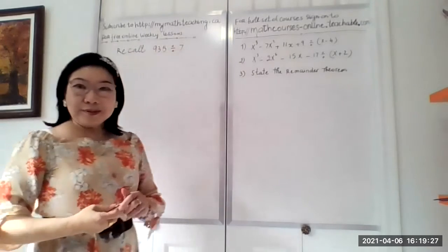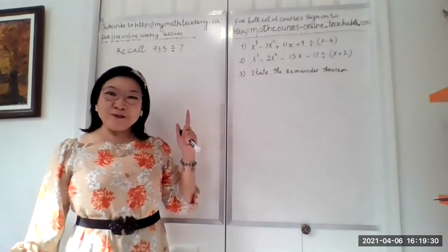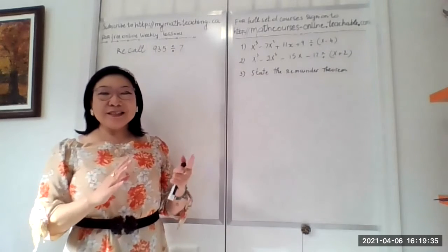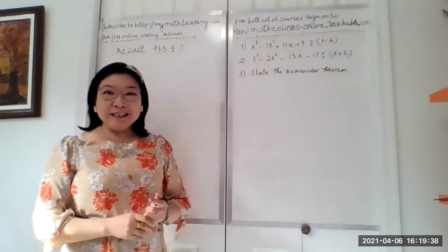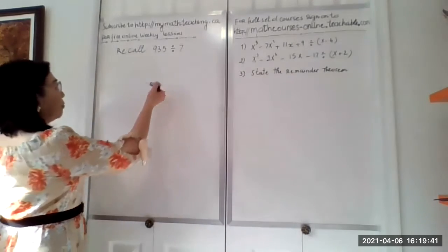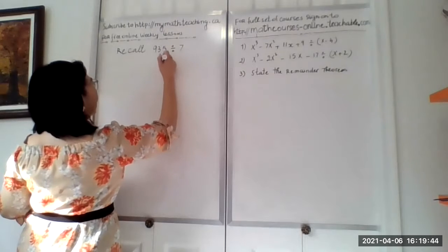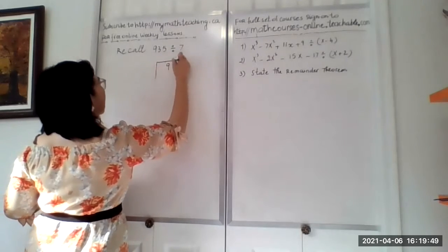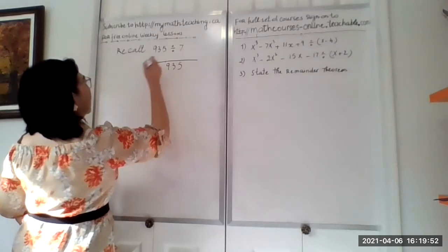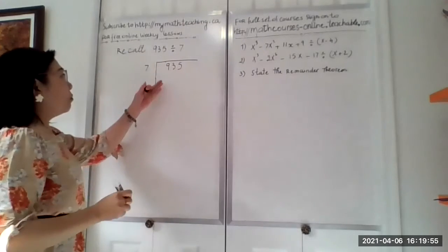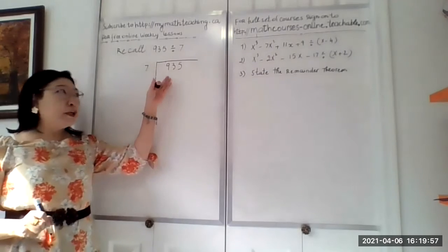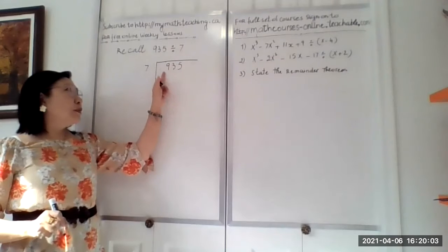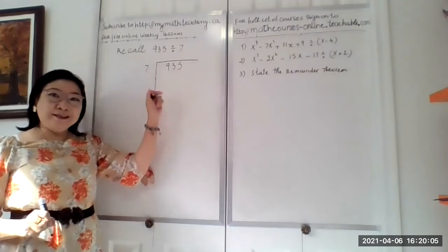In elementary school, everybody knows how to divide this number, but let's just refresh. I'm going to copy down 935 here, and put the divisor 7 here. When we divide, we try to find a number times 7 that equals 935.